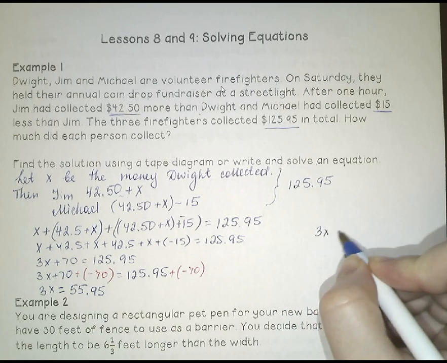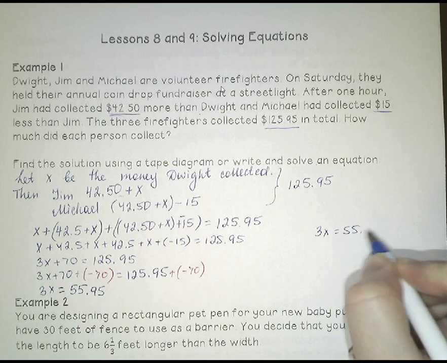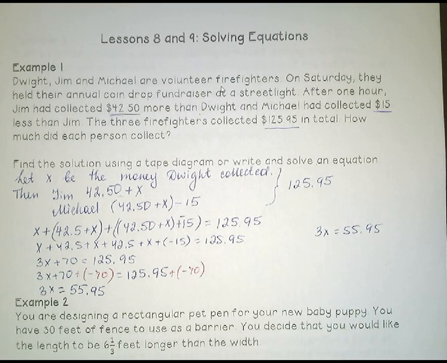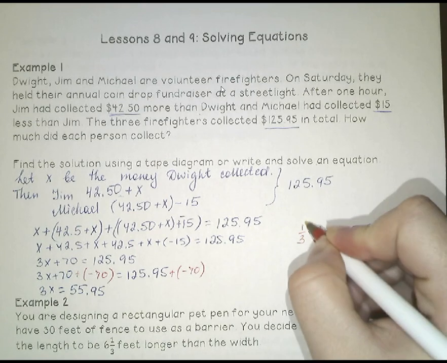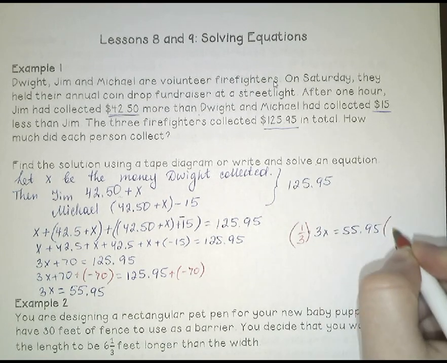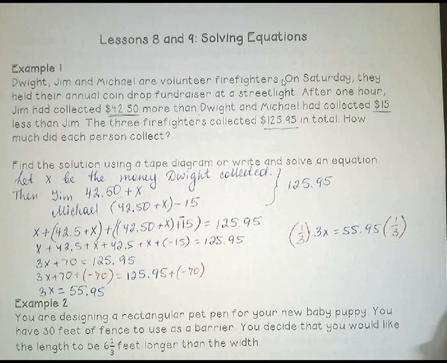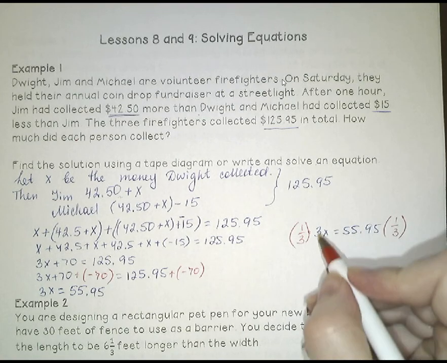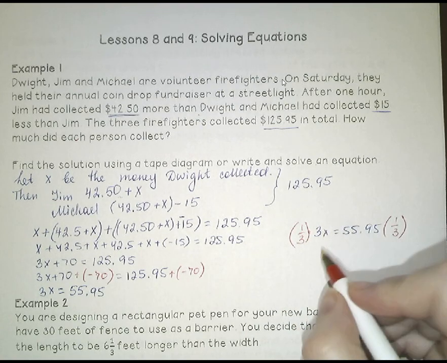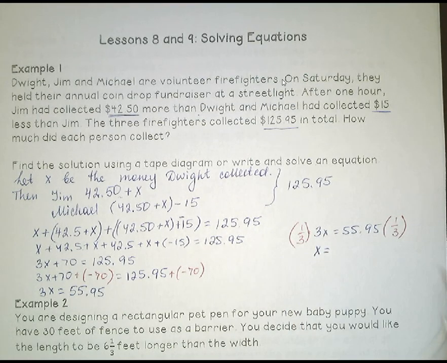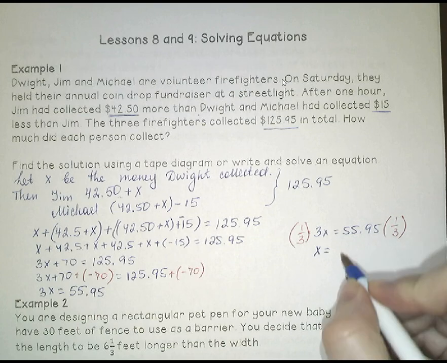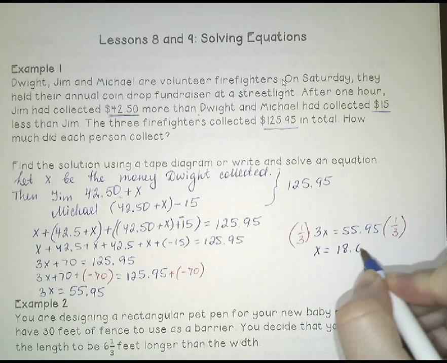So 3x equals 55.95, and both parts we are multiplying by 1/3. Just use parentheses for that. Okay, 3 and 3 will get simplified here, so we'll have 1x left. X equals, and 55.95 times 1/3 is 18.65.